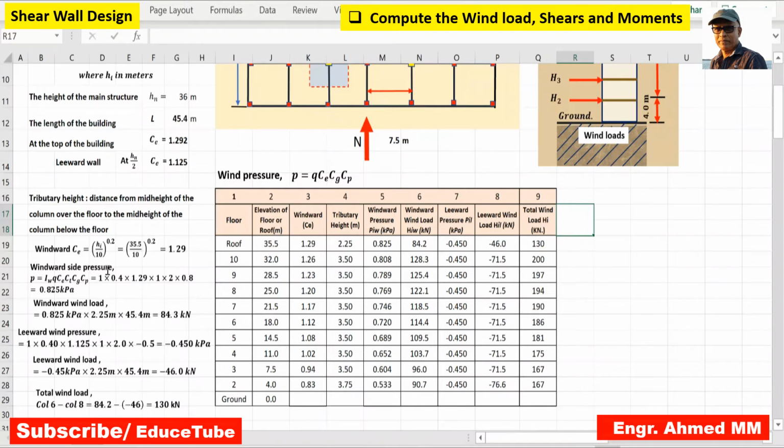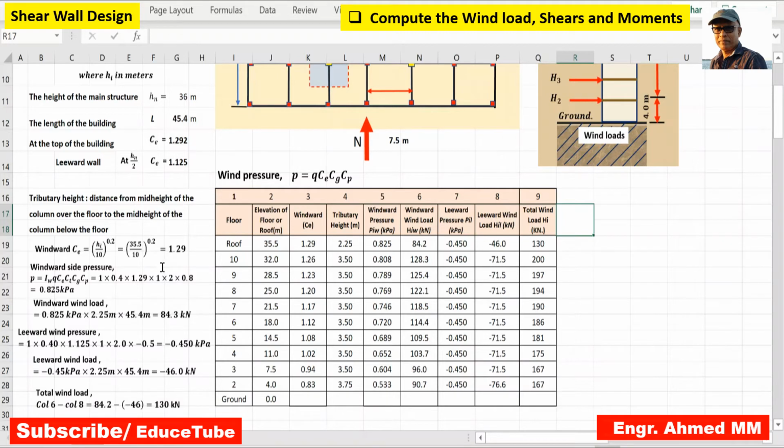We'll use the same formula which we used for windward side pressure. So leeward also will be the same. This important factor, topography factor, will be 1. Only Q also will be 0.4, but this CE will be different. Before I used 1.29 because here I saw I got it.